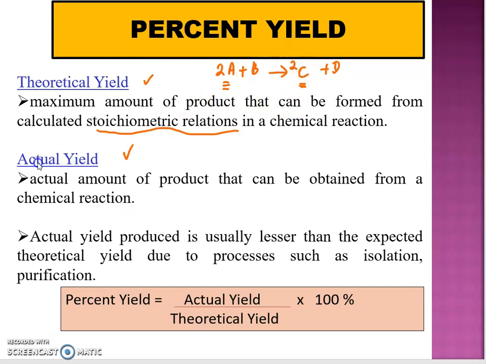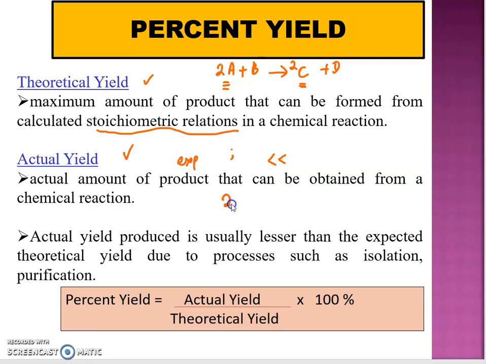Alright. Versus the actual yield. Actual yield means the actual amount of product that can be obtained from the chemical reaction. Okay. Ini bercakap pasal eksperimen lah. Okay. During eksperimen, biasa you tak akan dapat as much as the theoretical yield. You akan dapat less lah biasanya. Okay, bila kita buat eksperimen memang akan berlaku sedikit error ataupun tindak balas lain yang di luar daripada you punya jangkaan ya.